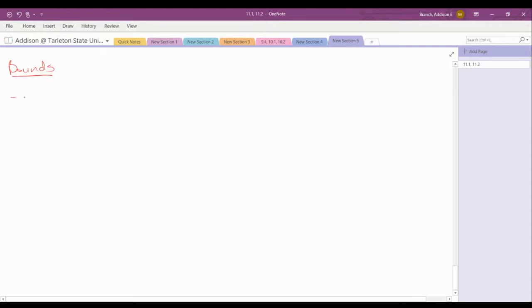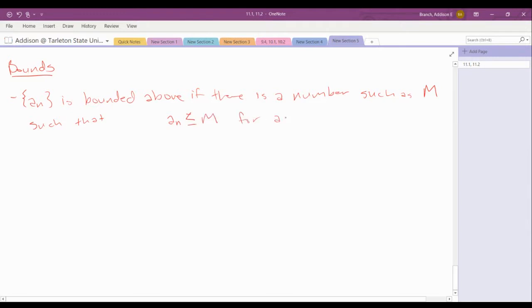A sequence a sub n is bounded above if there is a number, such as this uppercase M, such that our sequence is always less than or equal to that number M for all n greater than or equal to 1.